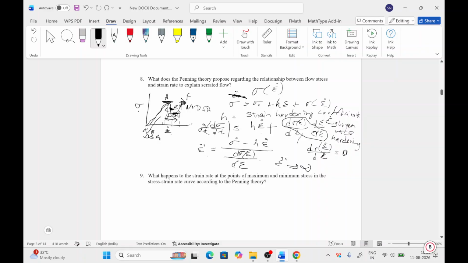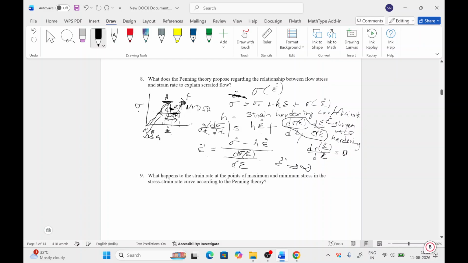But at B point, the strain rate hardening again goes to zero, and the strain rate changes. So as it comes to point B, the flow stress decreases to deform the material.